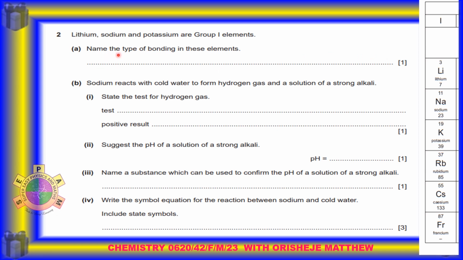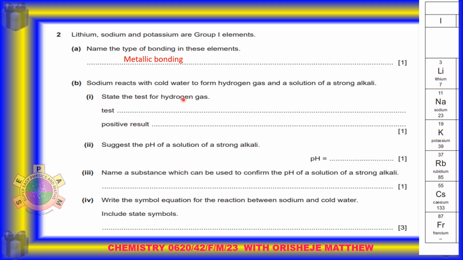Now, name the type of bonding. The type of bonding that takes place is metallic bonding. And then you say sodium reacts with cold water to form hydrogen gas and a solution of strong alkali.